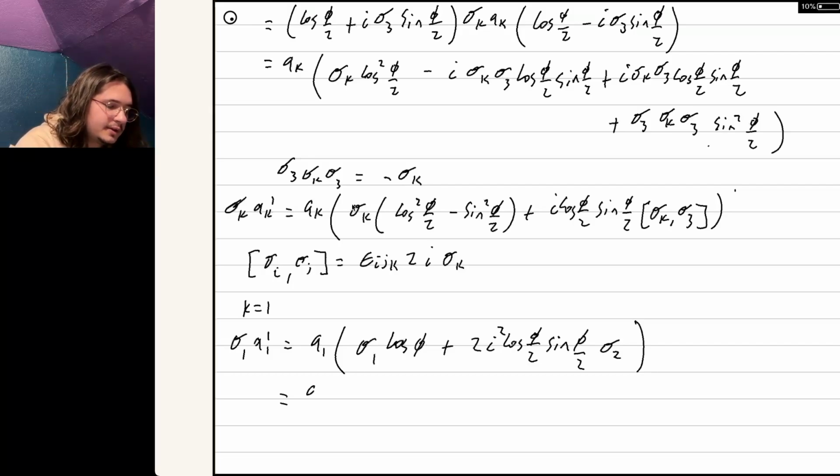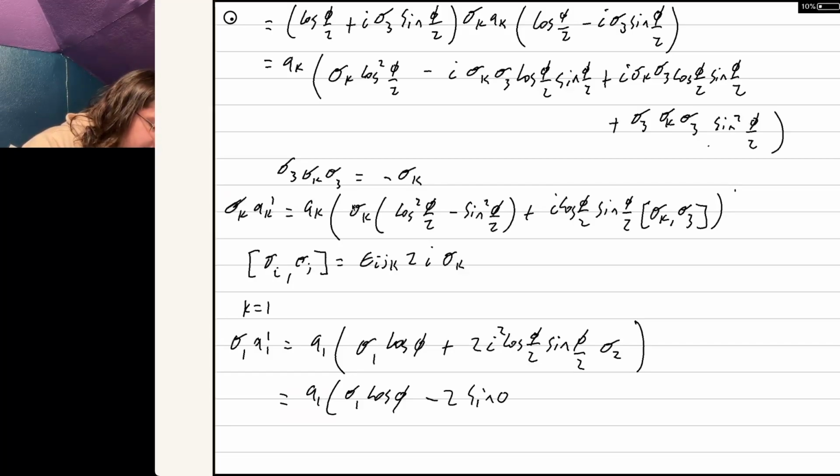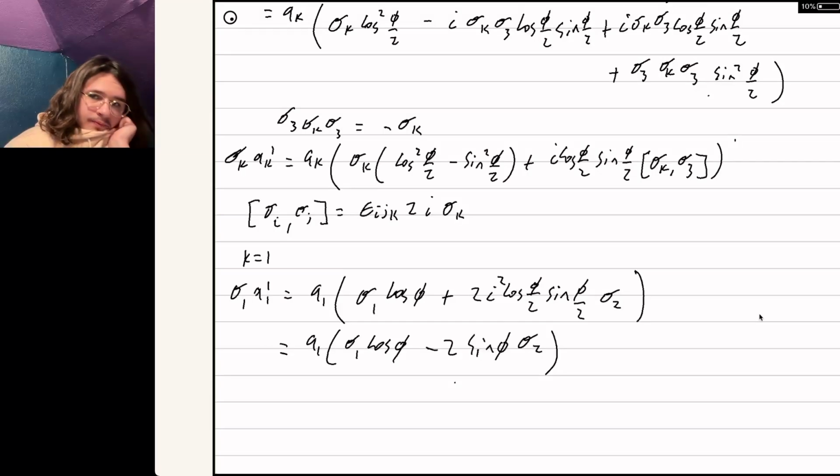Simplifying that, that's going to be a1 sigma 1 cos phi plus or minus 2 sine phi sigma 2. Actually, it's just single sine phi, so just minus that. You can put this into a matrix form.